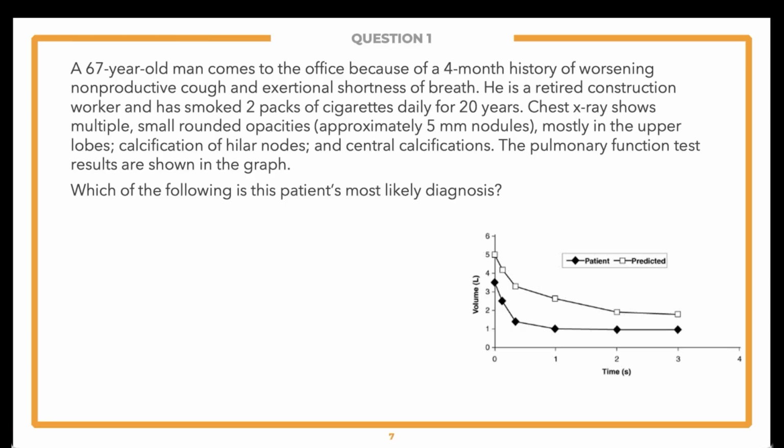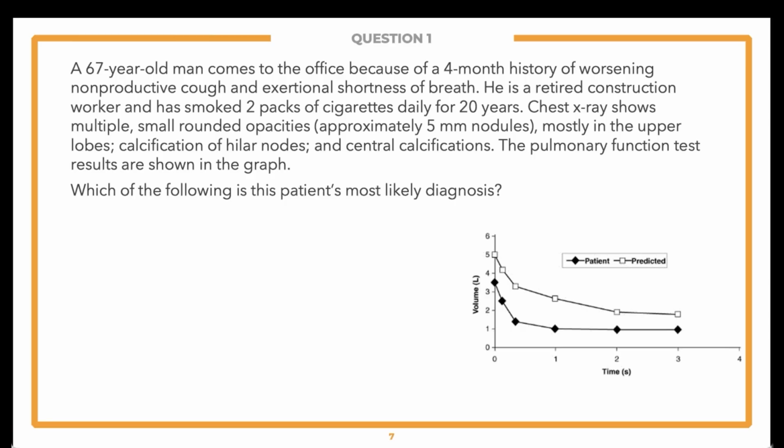So let's go ahead and read the vignette. A 67-year-old man comes to the office because of a 4-month history of worsening, non-productive cough and exertional shortness of breath. He is a retired construction worker and has smoked 2 packs of cigarettes daily for 20 years. Chest X-ray shows multiple small rounded opacities, approximately 5 millimeter nodules, mostly in the upper lobes, calcification of hilar nodes, and central calcifications.